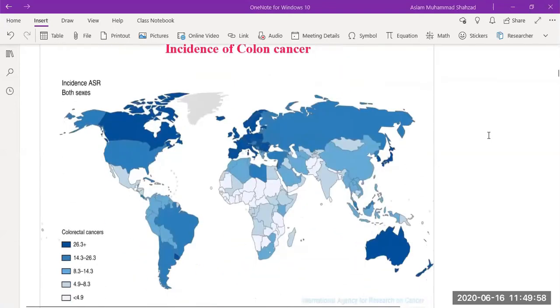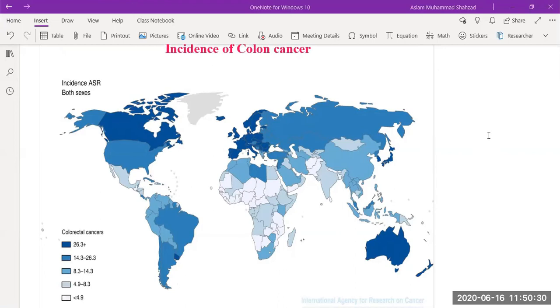When we see the next slide, it talks about the incidence of colon cancer, and we see it is most common in the United States, especially colorectal cancer. The dark blue expresses the incidence of colon cancers, and you can see it is least in Pakistan, Afghanistan, or some of the African countries, whereas its prevalence is highest in Canada, America, the European countries, and Russia.